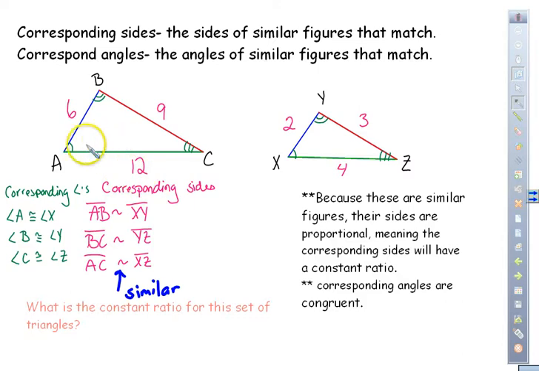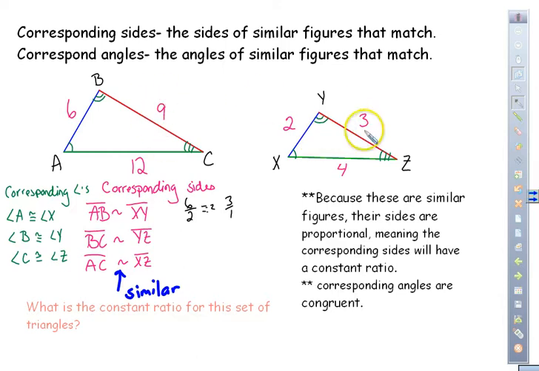I'm going to start with AB, the blue, going from a 6 to a 2. So I'm going to write 6 over 2, which reduces by dividing them both by 2 to 3 over 1. That's a 3-to-1 ratio. Remember, on the next one, BC and YZ, since we started with this triangle going to this triangle, we have to start with that as well.